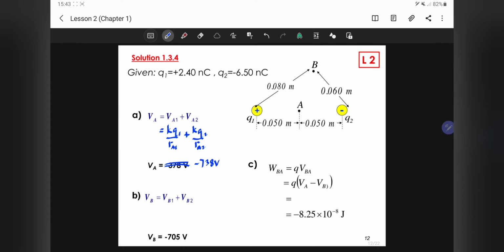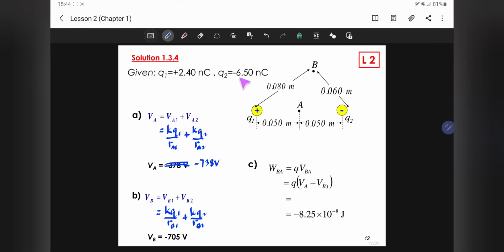By doing the same thing for point B, what do we have? V on B caused by Q1, also by Q2. So V on B equals V on B by Q1 plus V on B by Q2, which equals K Q1 over RB1 plus K Q2 over RB2. K is just a constant, which is 9 times 10 to the power of 9. Q1 given is 2.4 times 10 to the power of negative 9, which is nano, and the value is positive.